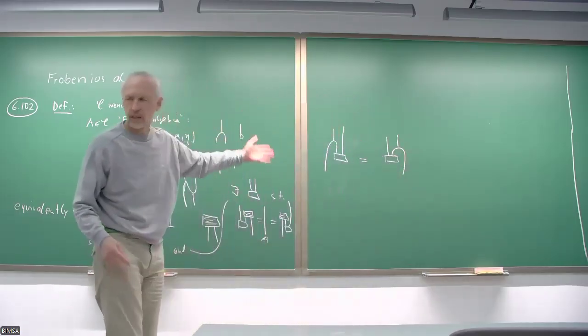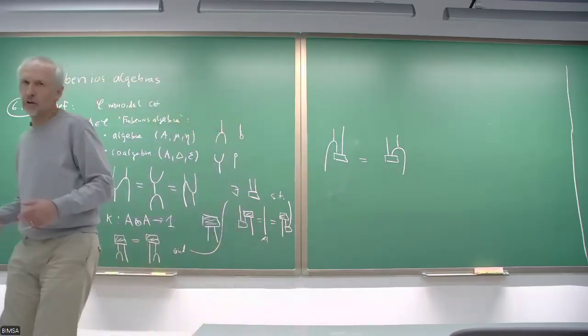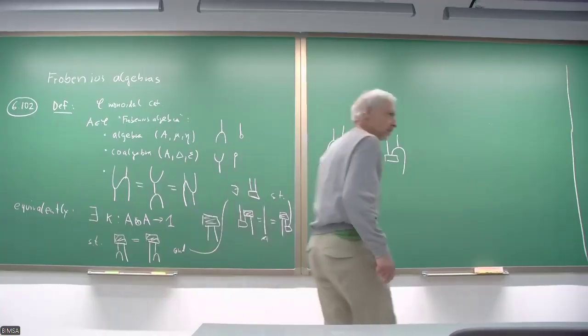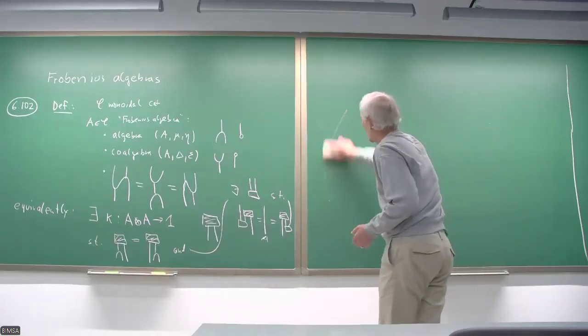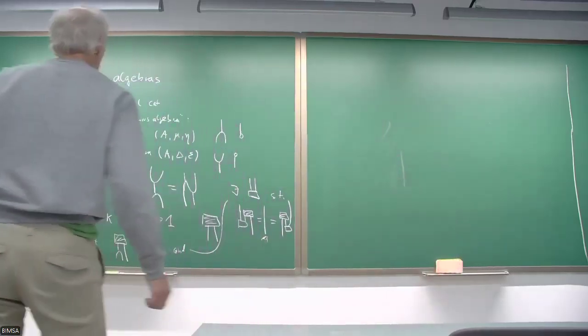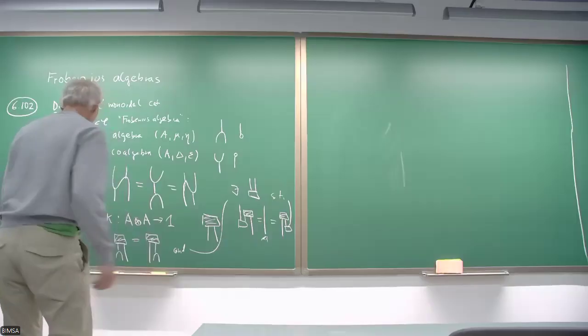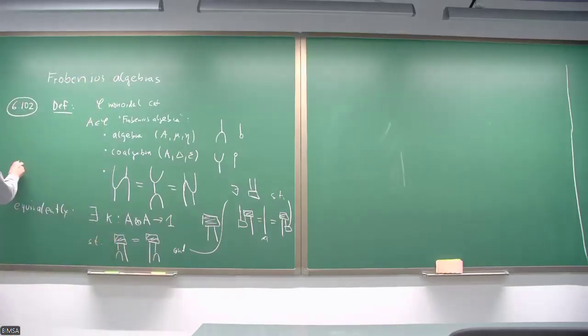And from this, you can then conclude that this morphism is actually a co-associative co-product, and also that it has a co-unit. And the other way around is that you define your kappa to be the composition of product and co-unit.